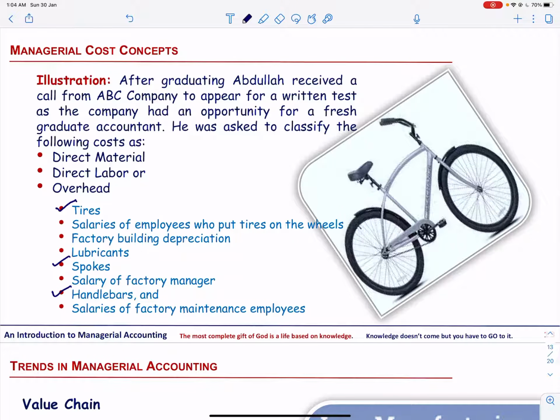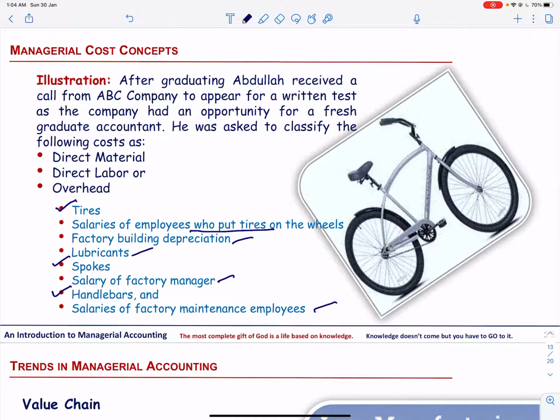Salary of employees who put tires on the wheels will be classified as direct labor, while factory building depreciation, lubricants, salary of factory manager, salaries of factory maintenance employees will be classified as overhead.